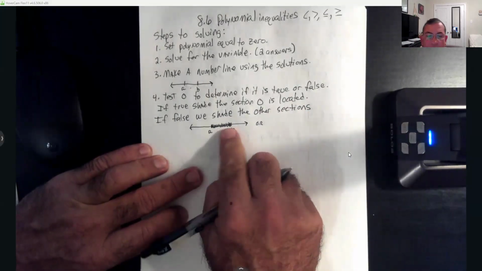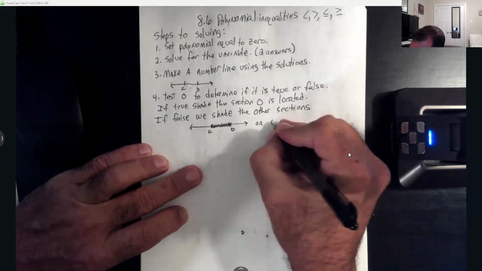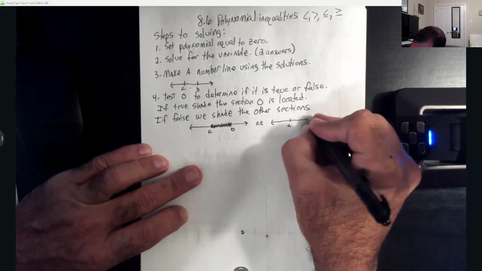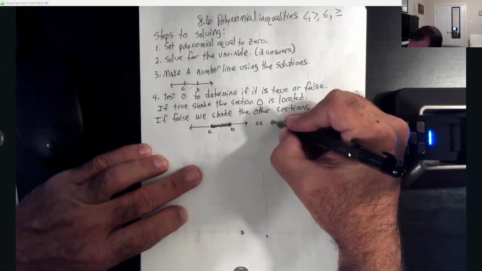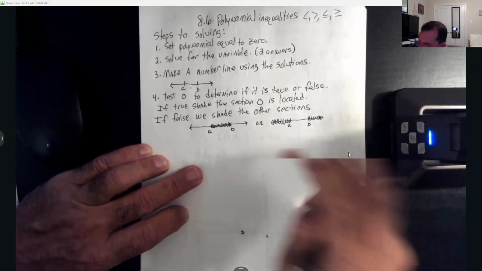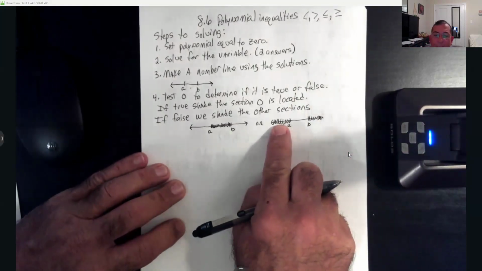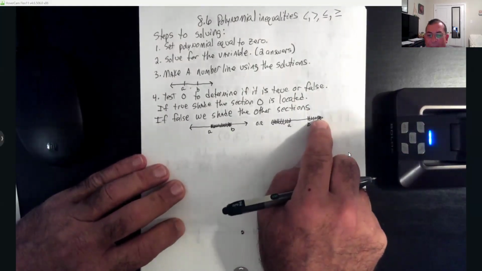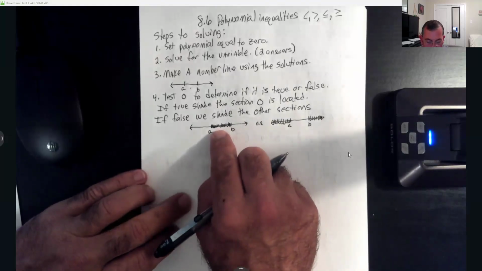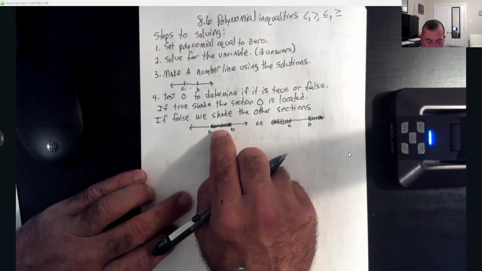Now, your answers will look like this, or they will shade on the ends. If it shades on the left end, it's going to shade on the right end. If it shades in the middle, it's only going to shade in the middle. Okay?